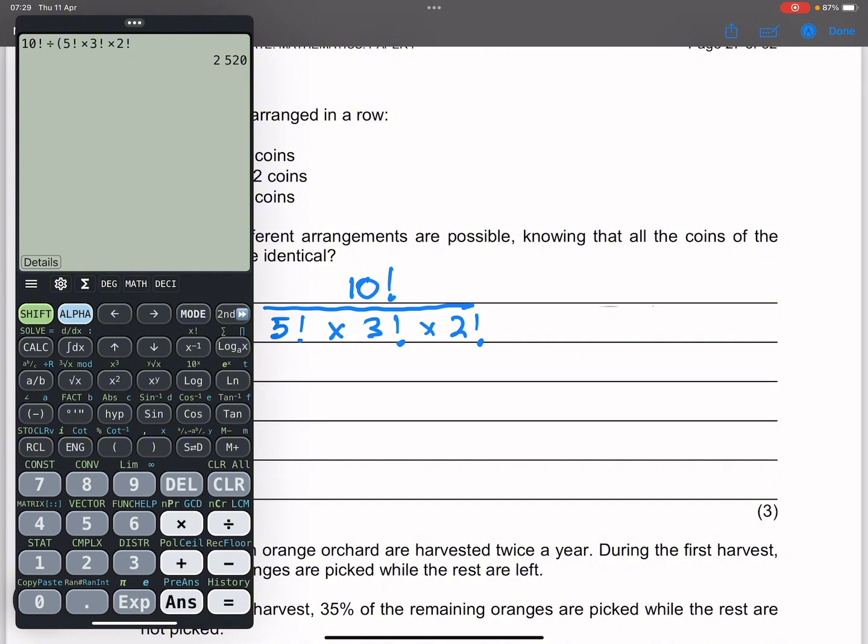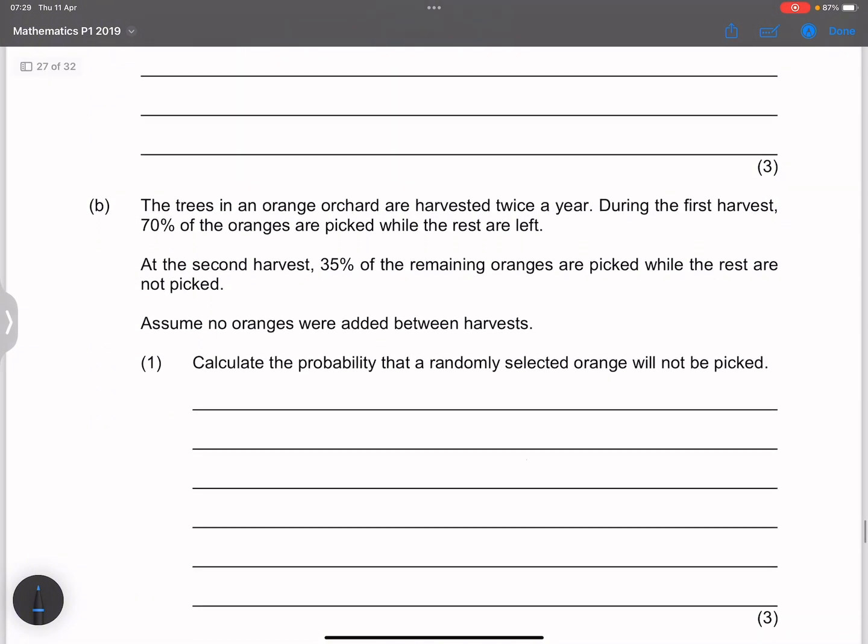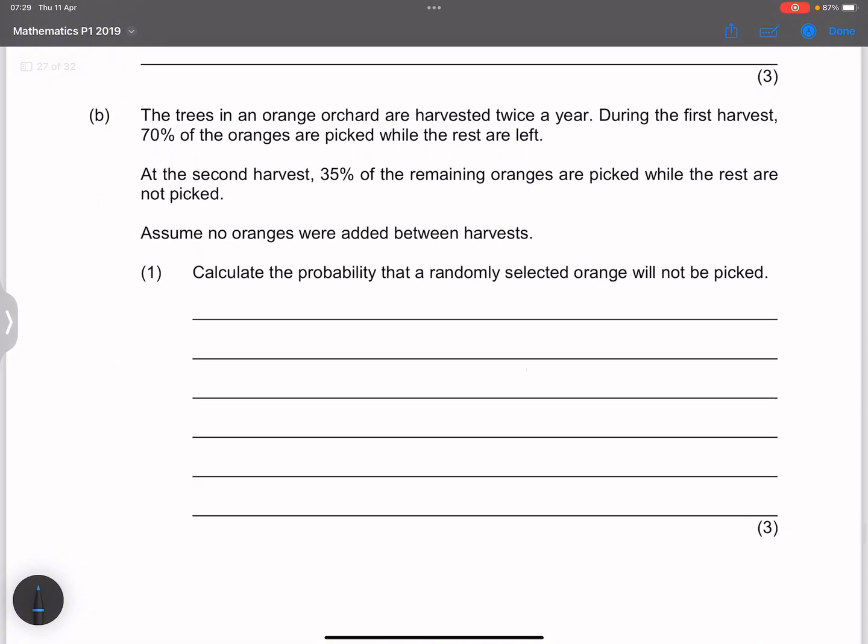Right, so the number of possible arrangements that we can make is 2520.